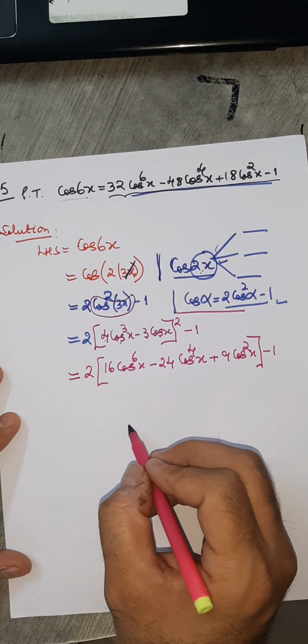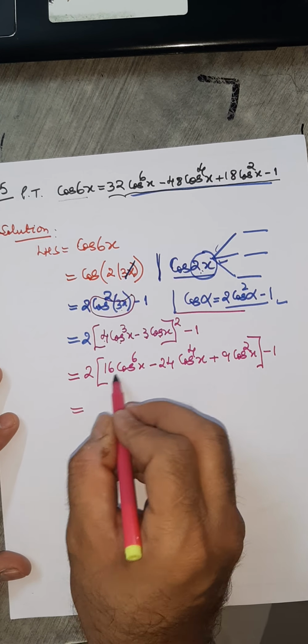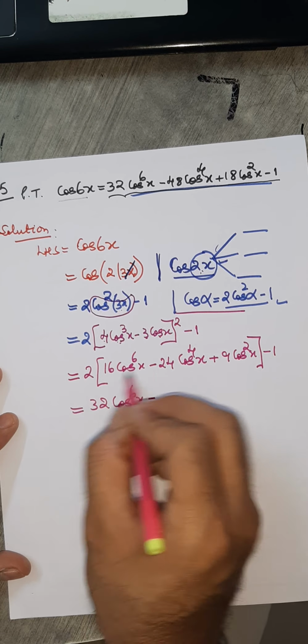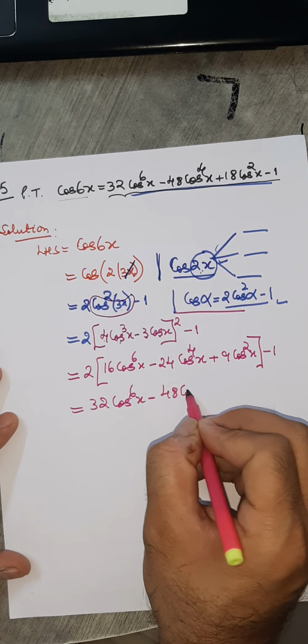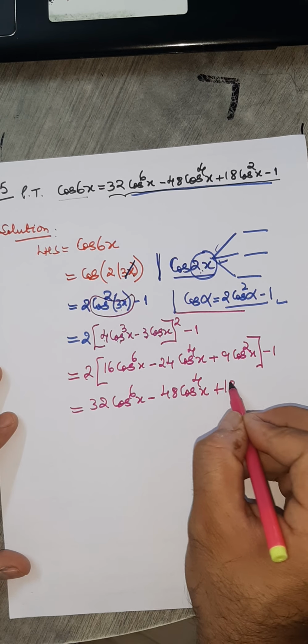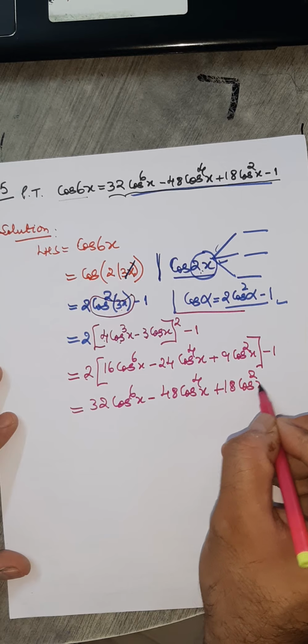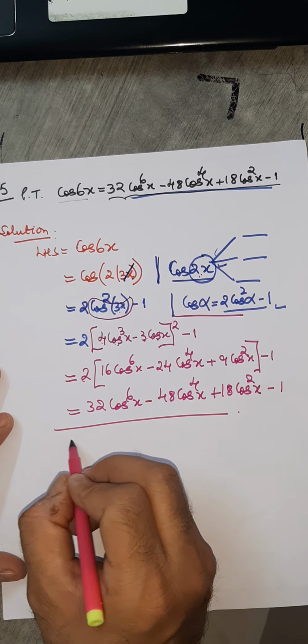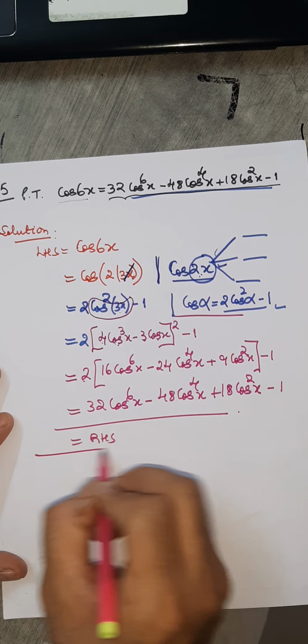So this would be 32 into cos raised to 6, minus 48 into cosine raised to 4, plus 9 into 2, that is 18 into cos square x, minus 1. This is the answer to the question. This is RHS and therefore proved.